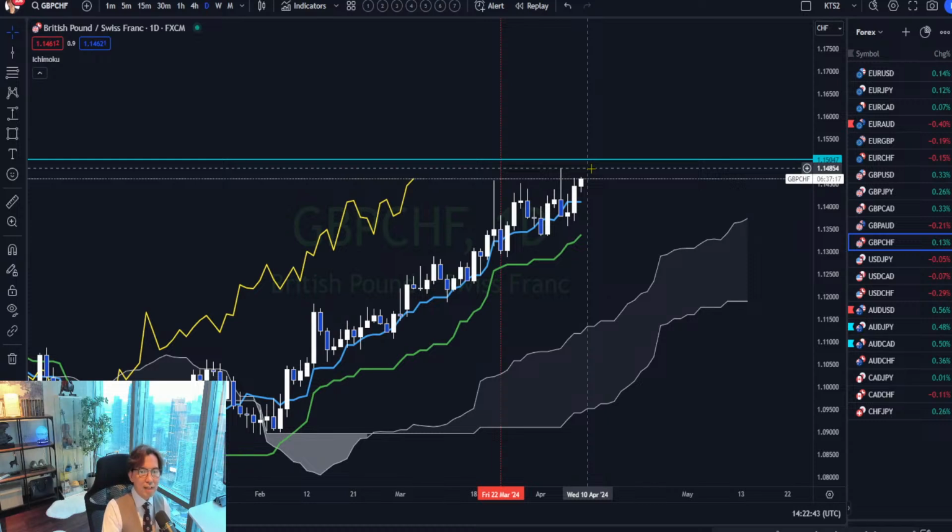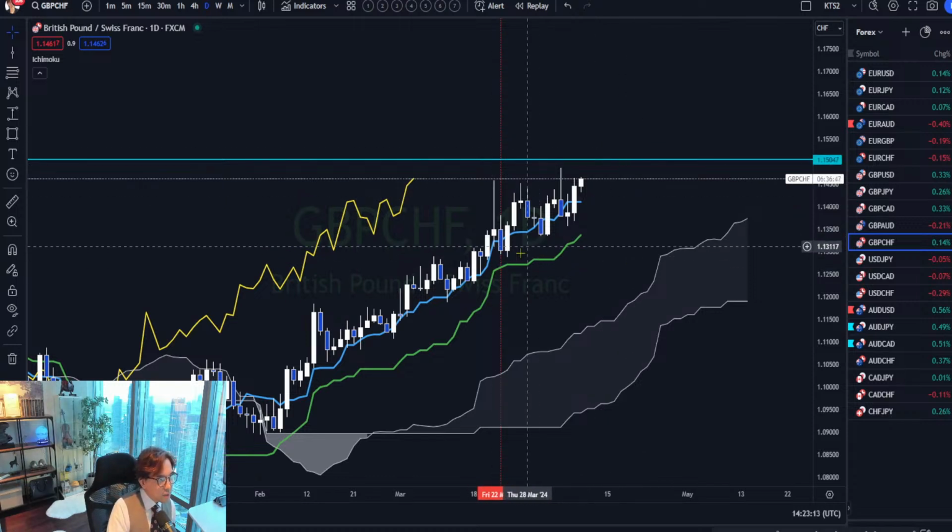So that means if the market does not break the resistance tomorrow, then I think it retraces or consolidates until Friday. So in this case, I put the alert above the resistance level around 1.1504 level, and once the alert triggers, I come back and see if it breaks.